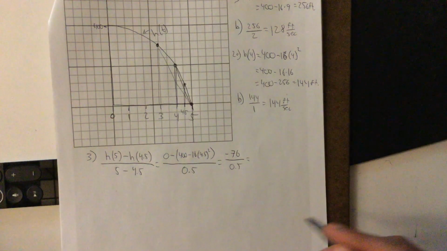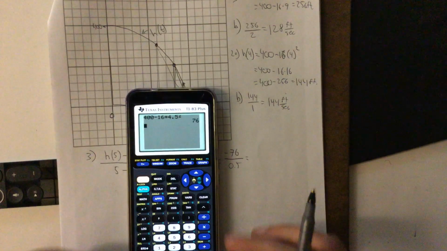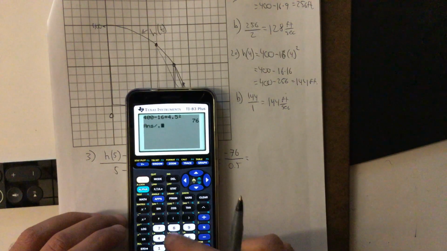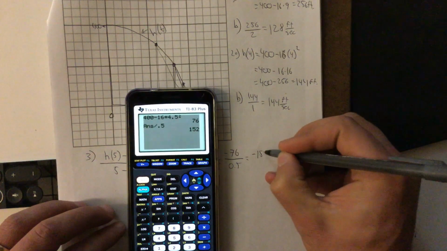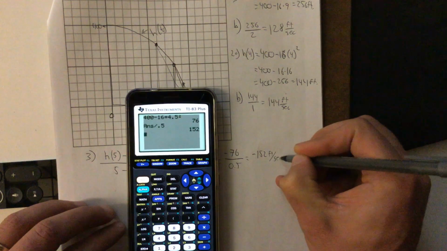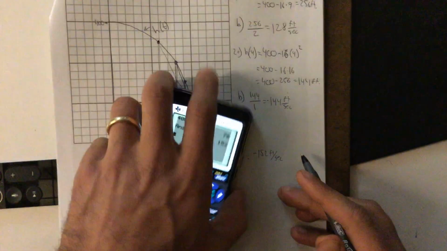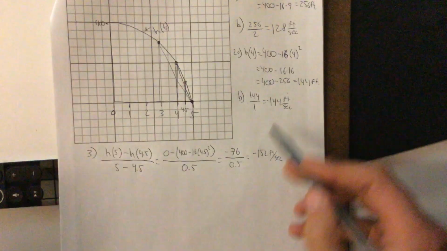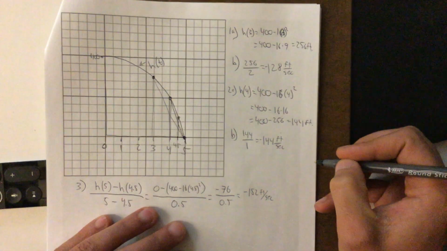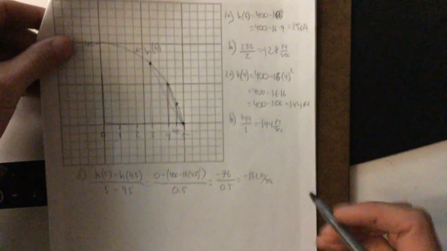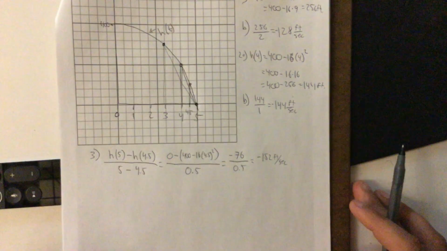And so if we do 76 divided by 0.5, that's the same thing as 76 times 2. So it's 152. And just to be clear, we are falling down, so all of our speeds should be in the negative direction. Great. So that's our speed there.